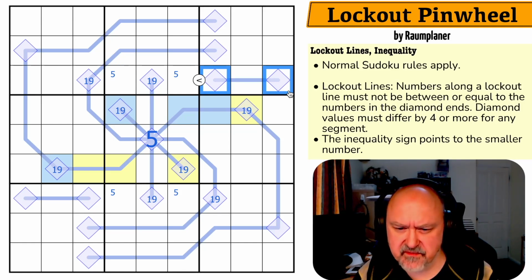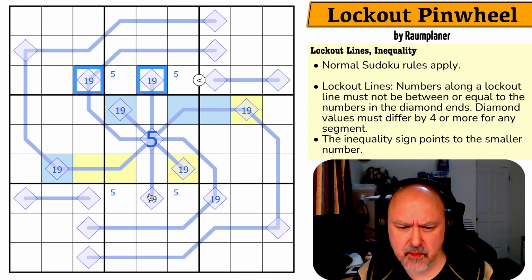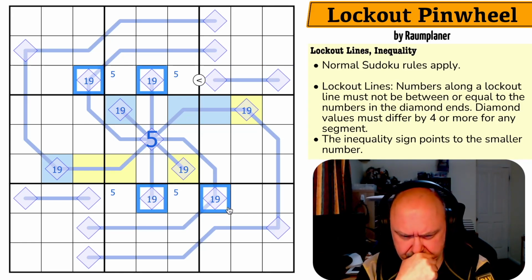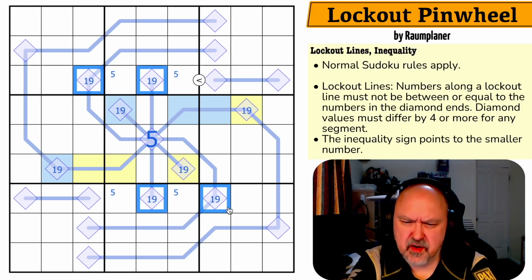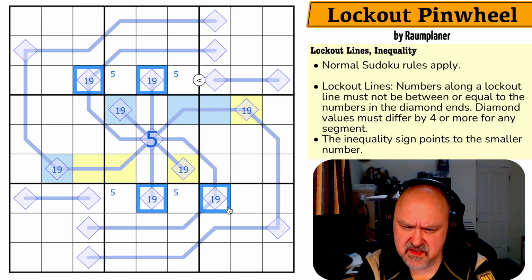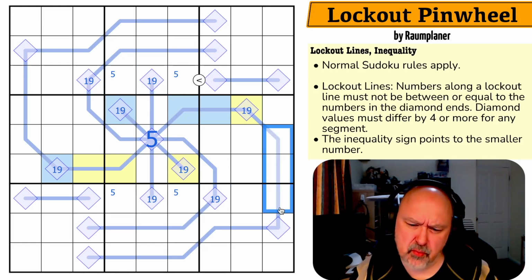I'm quite confused. How do I figure out which ones these are? There's got to be a way of colouring all of this, because I don't know that these are all the same colour.